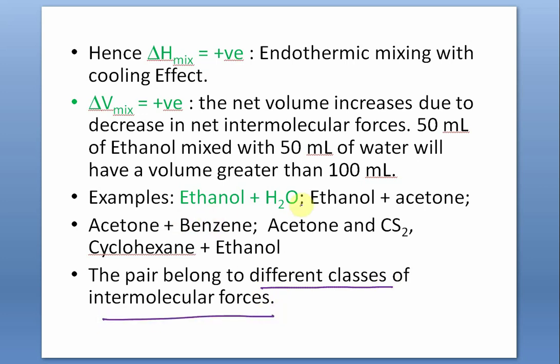Like ethanol and water, I told you even if they belong to the hydrogen bonding category, the ethyl group is non-polar. So the presence of the ethyl group reduces the degree of hydrogen bonding by 50%. And as a result of this ethyl group, the mixing is not ideal. Though it is 100% miscible, it is not ideal, which means that at a certain composition, the vapor pressure becomes much greater than expected of ideal behavior.